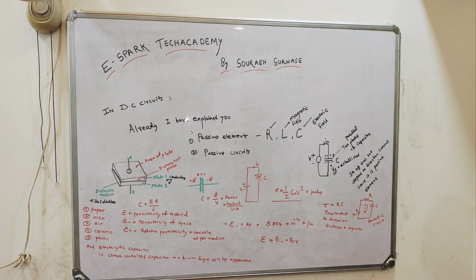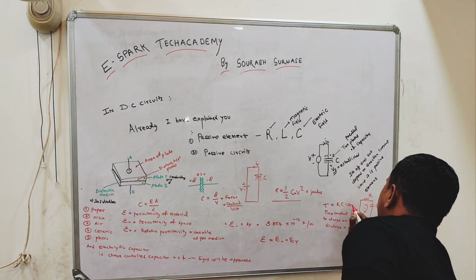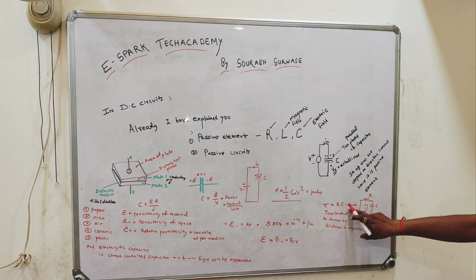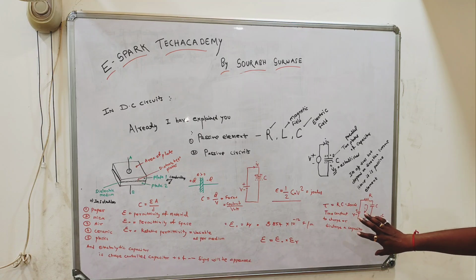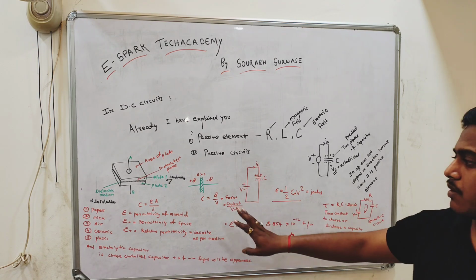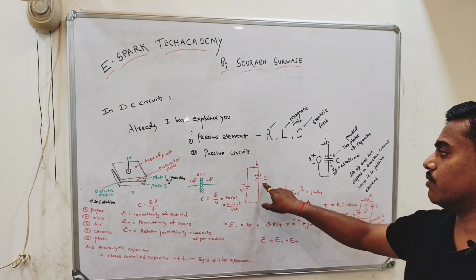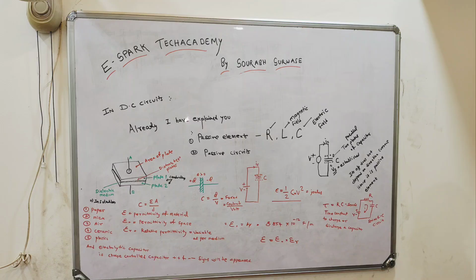This will be in seconds, because tau is a time constant, the time required to charge or discharge a particular capacitor. With the help of this we will calculate when the capacitor will charge fully, or when it will be discharged, or how much time it will take to charge or discharge a capacitor.